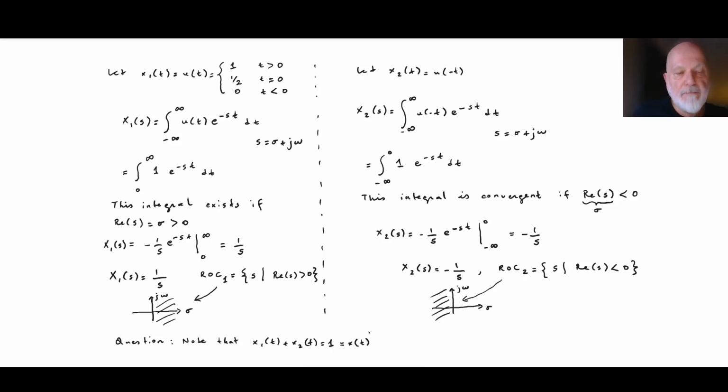So when we add x1 of t, u of t, and x2 of t, u of minus t, for all t, we have the constant value 1. This is our new signal x of t. So the question is, what is the Laplace transform of x of t? The constant signal, in other words, the DC signal.